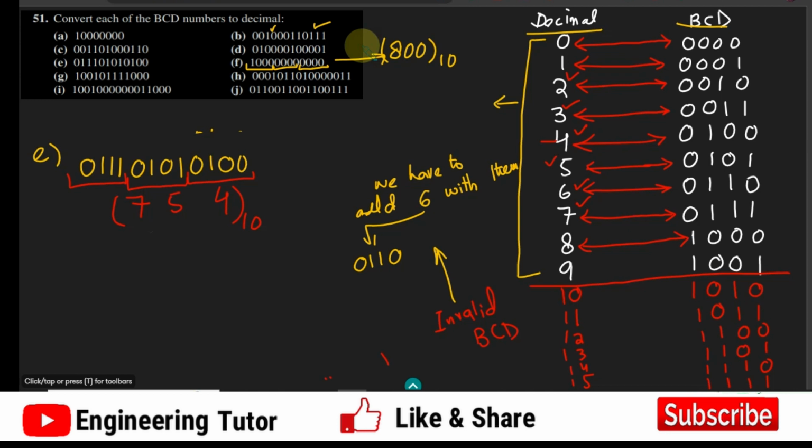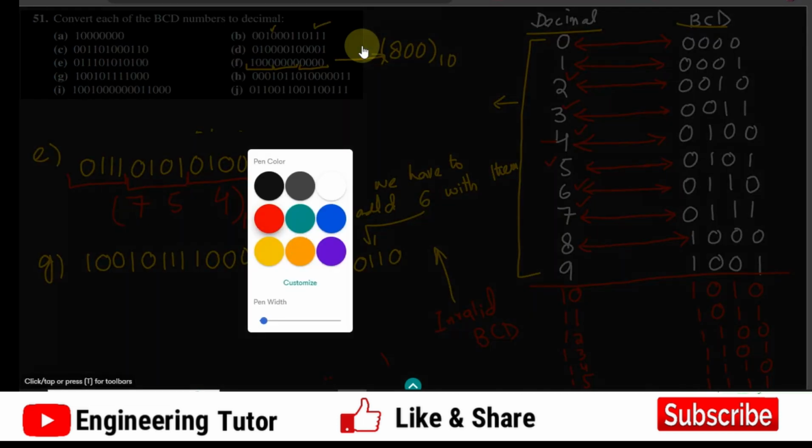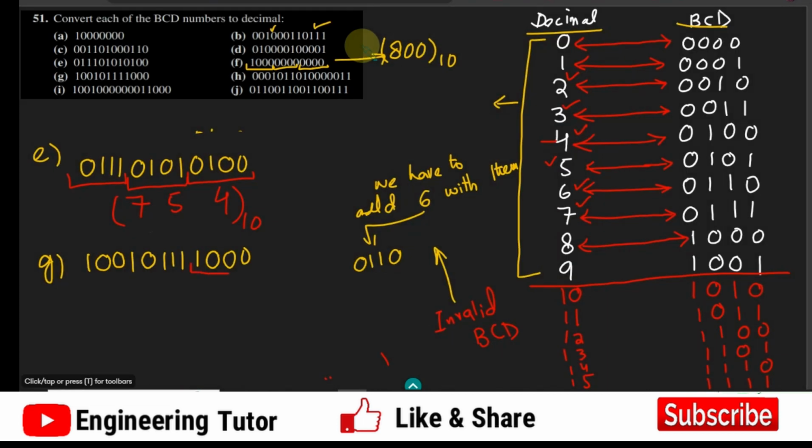In G, let me solve G here. So here I will have 1001, 0111, and 1000. Now let me group them again. This is a first group, this is a second group, and this is the third group.